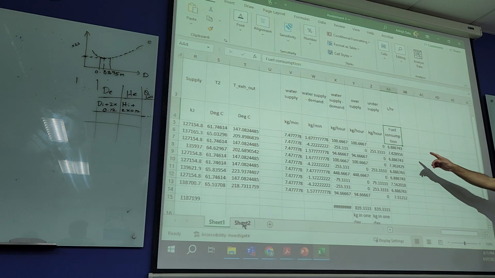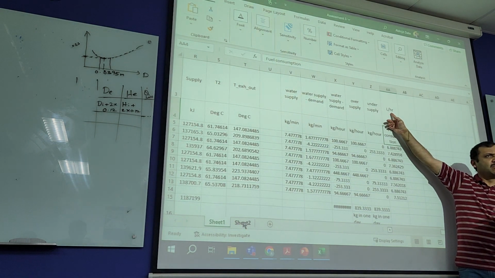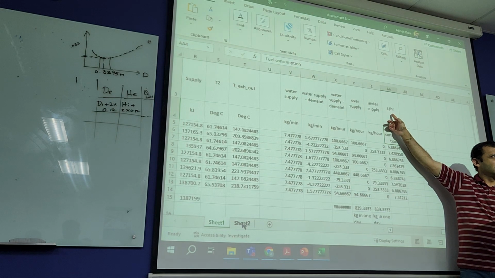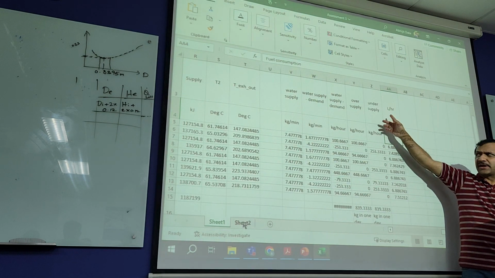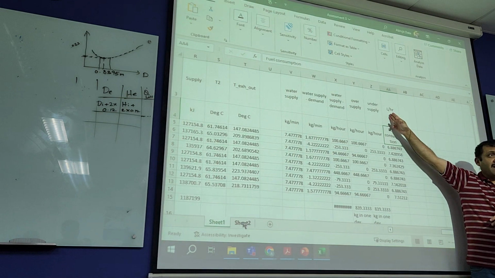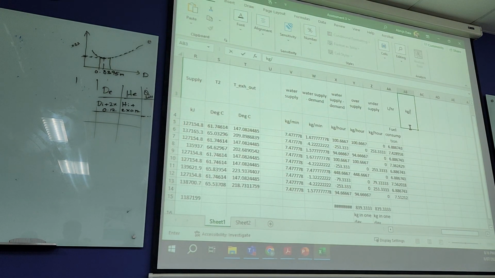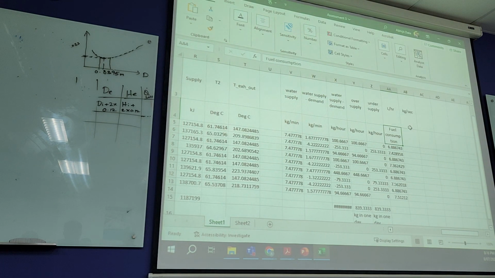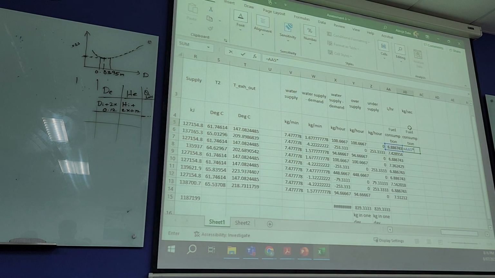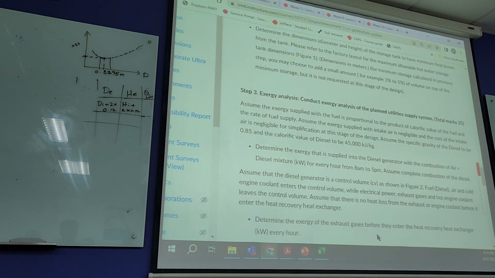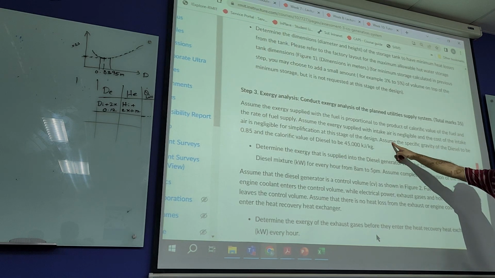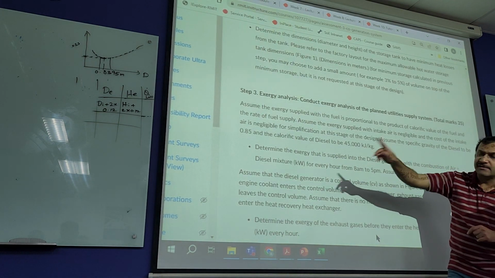Can someone check in the catalog what the unit was? It was liters per hour, right? For fuel, per minute or per hour? Okay, so that's correct. Now we need to convert liters per hour to kilograms per second. Times the specific gravity of diesel, which is given in the question. Assume the specific gravity of diesel to be 0.85.